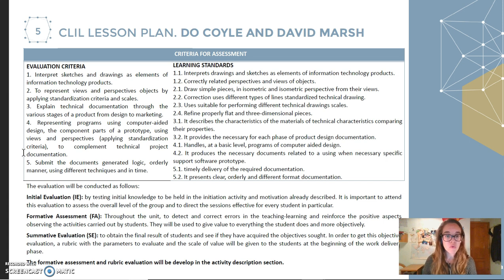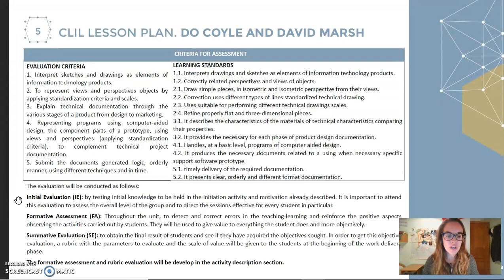Of course, the same with the criteria for assessment, taking into account the ones that appear in the LOMCE, and the evaluation system that I'm gonna use, starting with the initial evaluation with the pre-tasking activity, where we can get an idea about the initial level of the students.